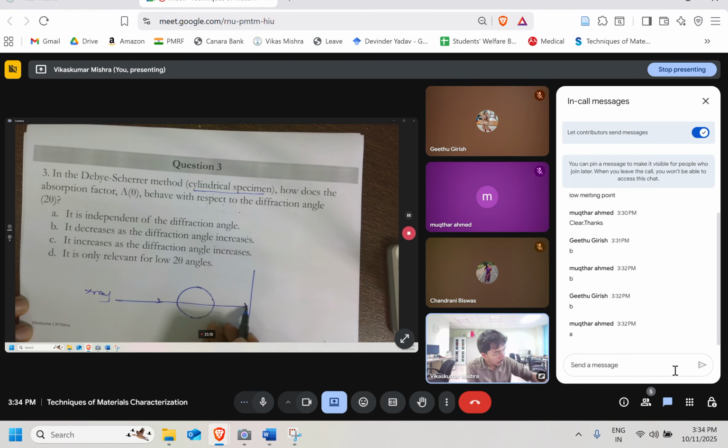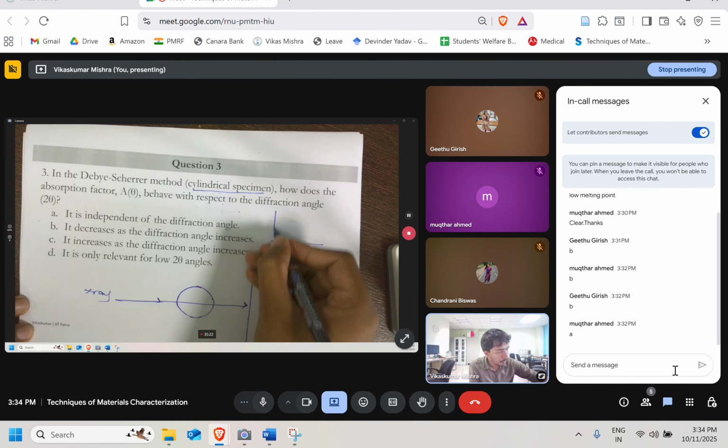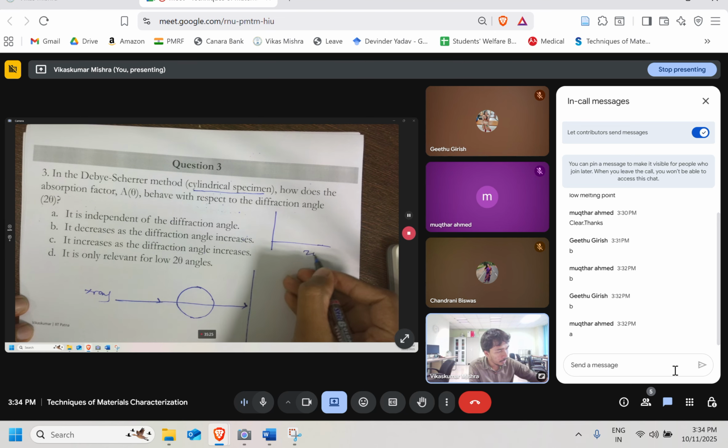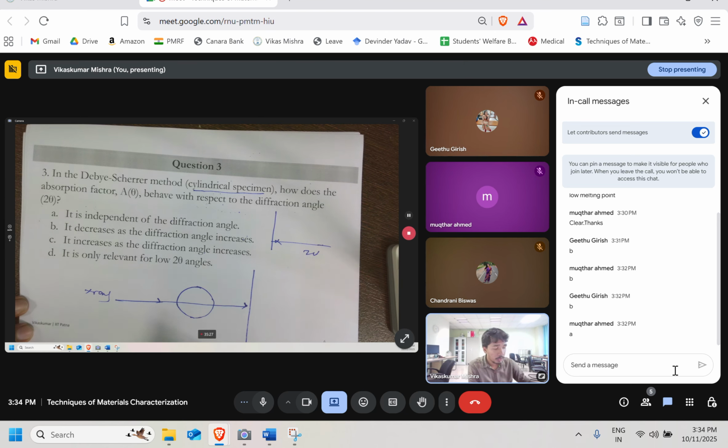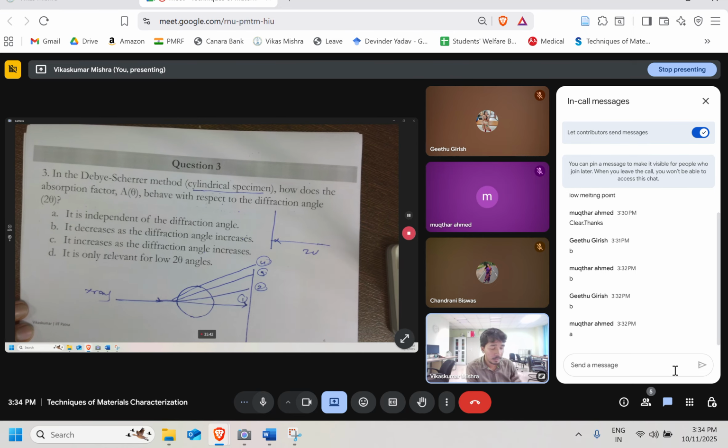In case 1, forward scattering, the 2 theta is low. Now case 2, case 3, case 4.